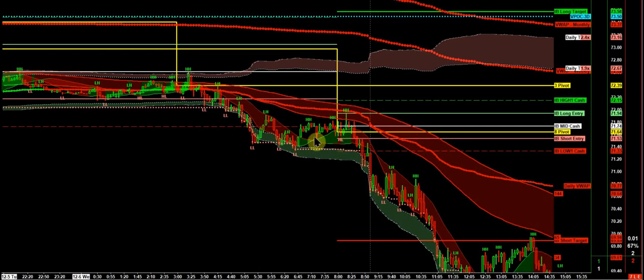Now, if the smaller cloud had come up above the larger cloud, and then come back down, then you start looking for a short. But then you'd be looking at this level or the 3 a.m. level, you'd still want to short it, okay?